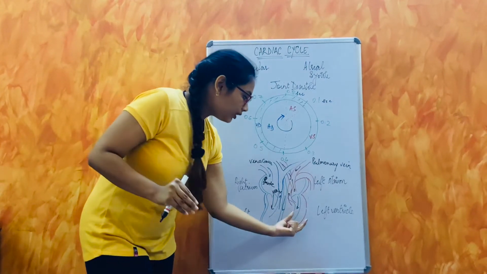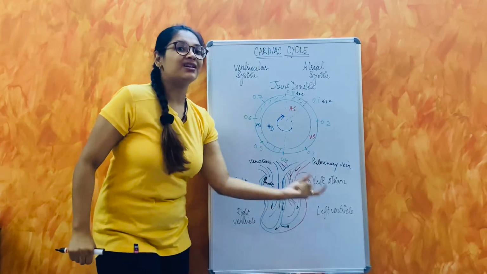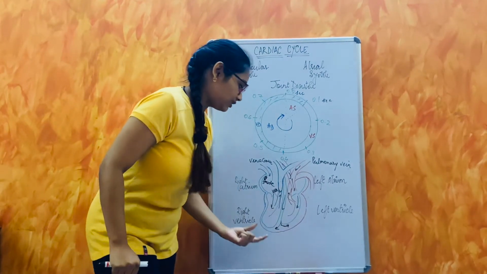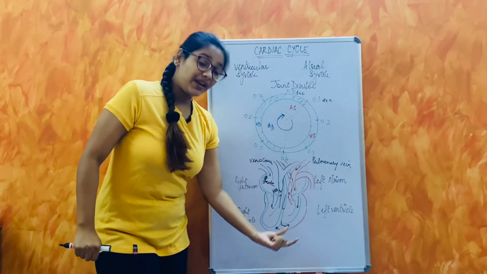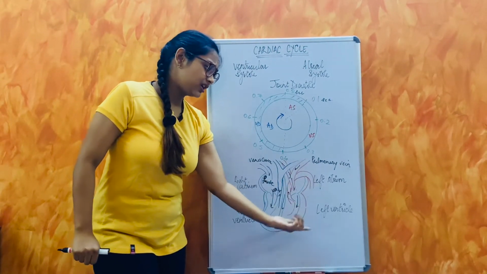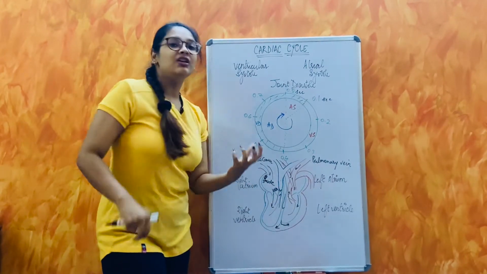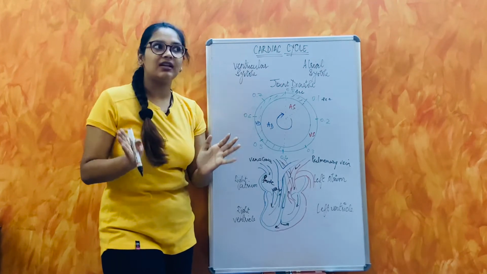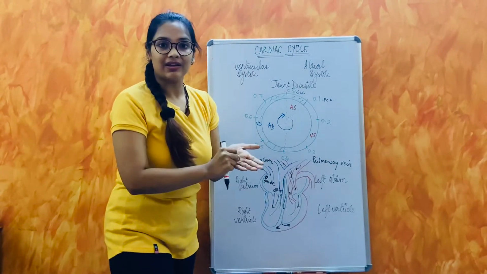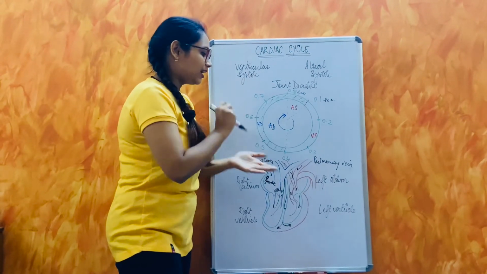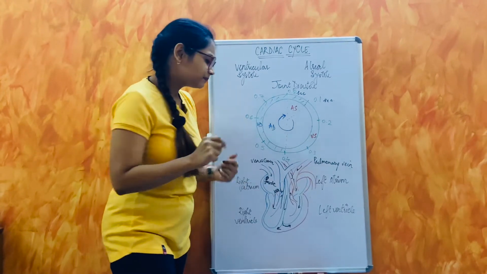Therefore, not only is the musculature of the left ventricle more than that of the right ventricle, the pressure generated in the left ventricle is also more than that of the right ventricle. So normally when we are considering the pressure numerically to grade it, we take that of the left ventricle only.